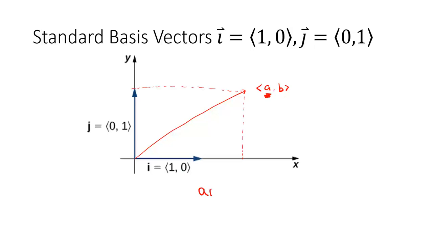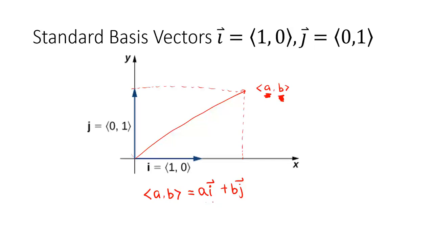So we're doing a times i to get the x component part, and then we add this y component part, which comes from my b here, and b times 1 is still b, right? So my b times j gives me this y component, and then we add them together. So this component form ⟨a, b⟩ is the same as ai plus bj.